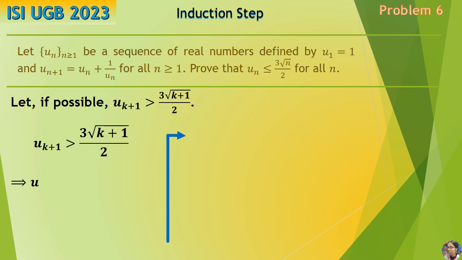Then uk plus 1 upon uk, by the inductive definition of uk plus 1, is greater than 3 square root of k plus 1 by 2.